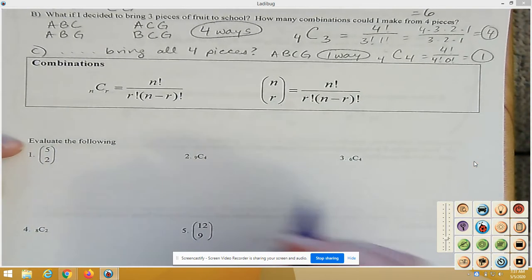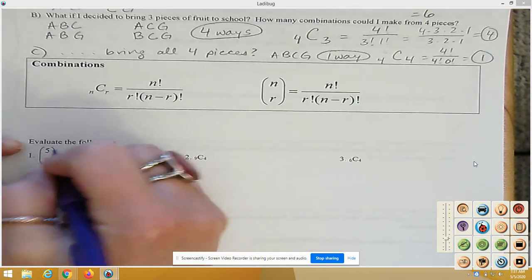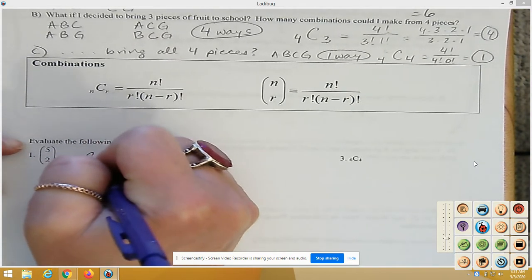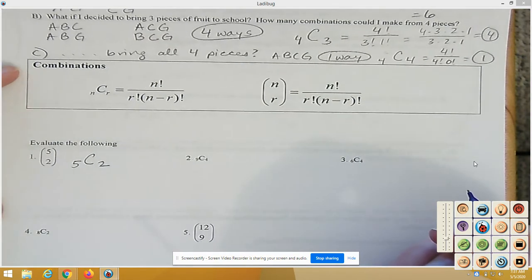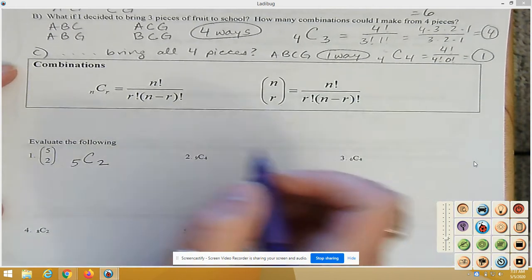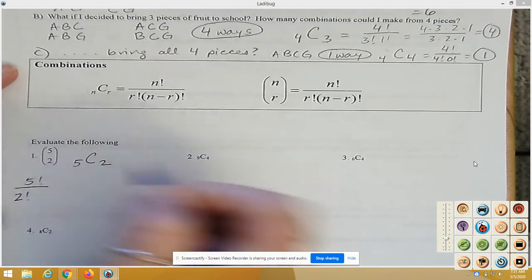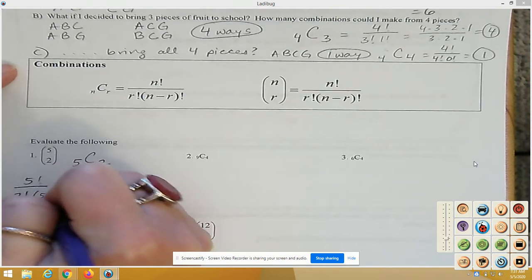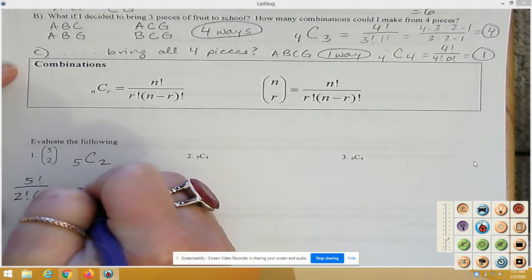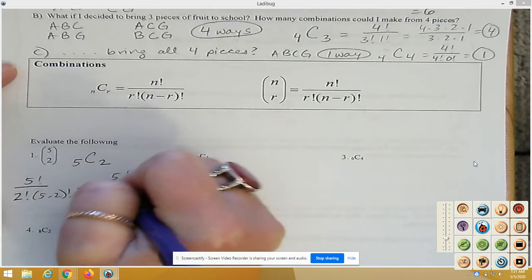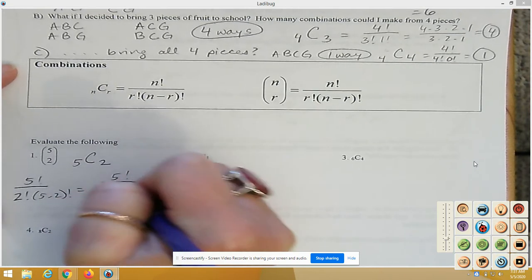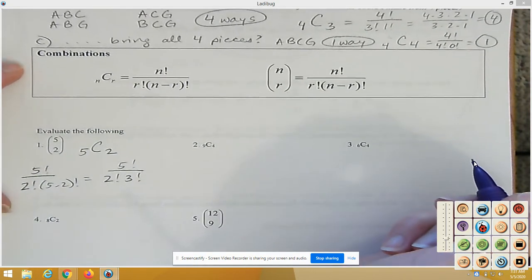So for number 1, I would have 5 choose 2, 5C2. So I would do 5 factorial, and then I would divide by 2 factorial, and then the 5 minus 2, 3 factorial. So then that would be 5 factorial divided by 2 factorial, 3 factorial. And we could certainly do that by hand.